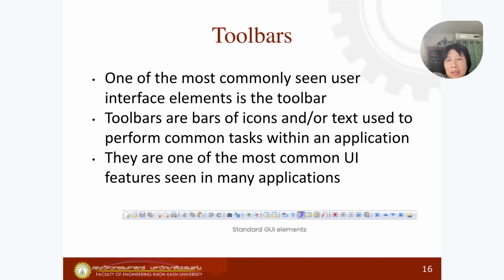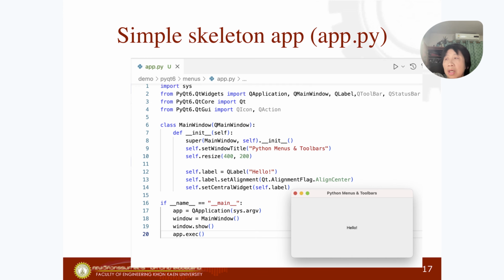Another commonly seen user interface element is the toolbar. Toolbars are bars of icons and/or text used to perform common tasks within an application. They are one of the most common UI features seen in many applications.